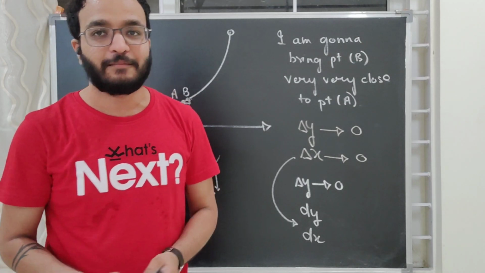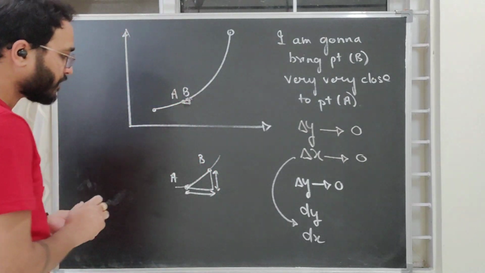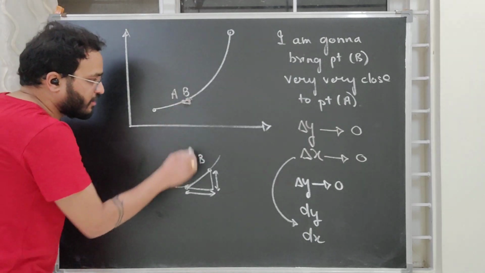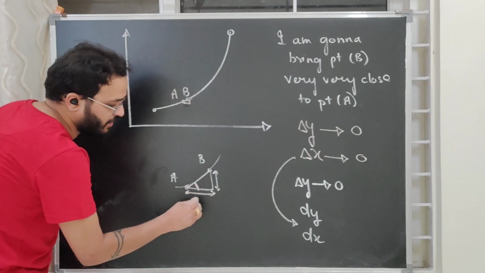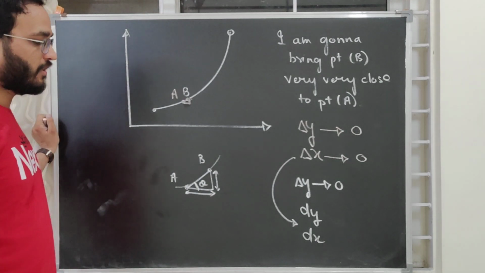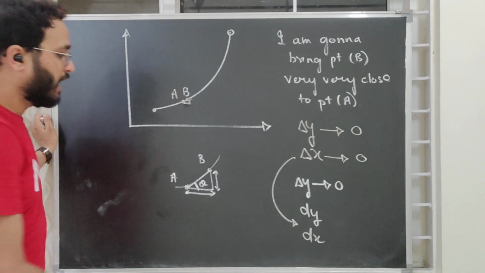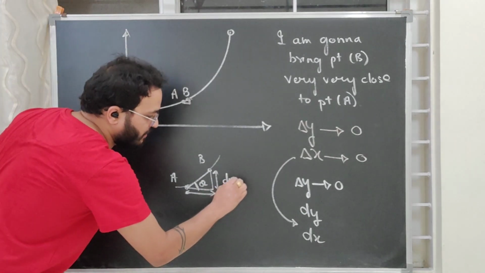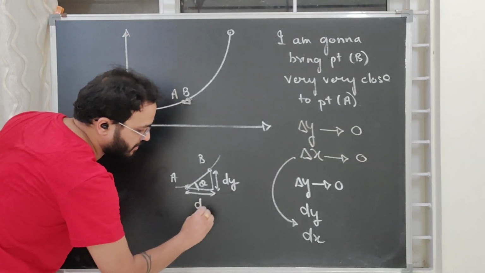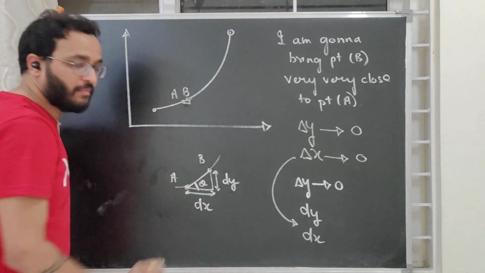Are you understanding? Now let's understand. Here, if I look at the small triangle, this angle will be theta, and this will not be delta y, this will be dy, and this will not be delta x, this will be dx, because they are extremely small right now.